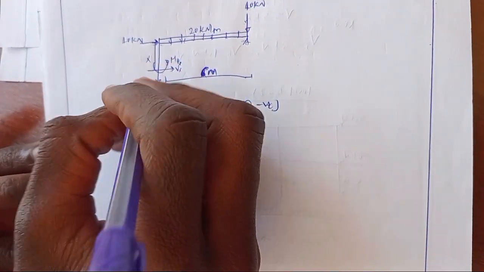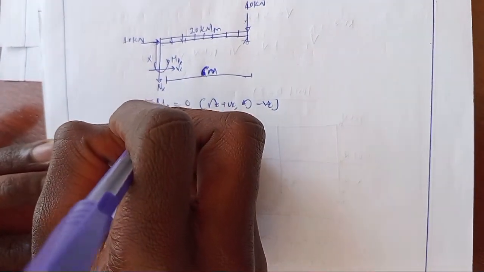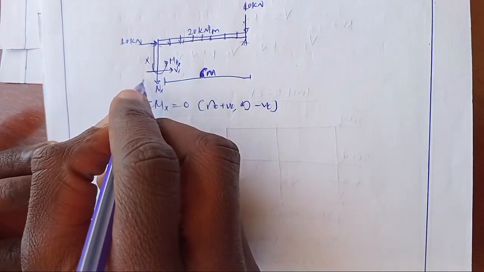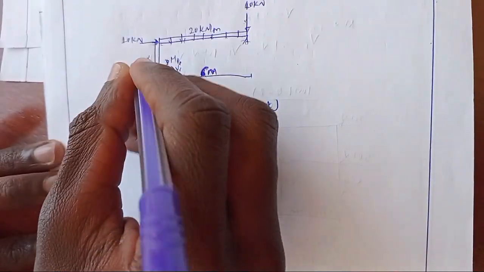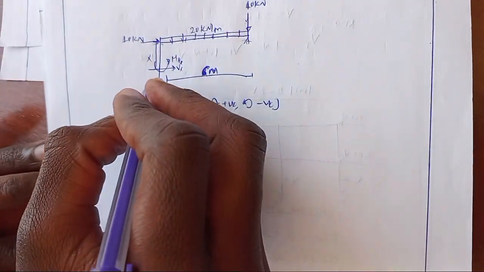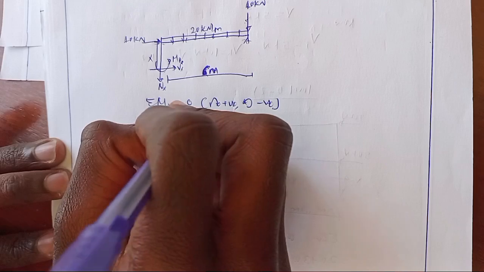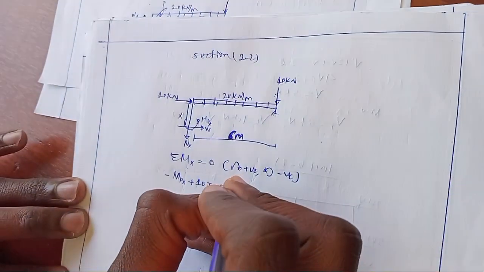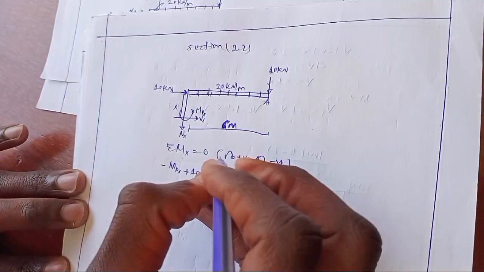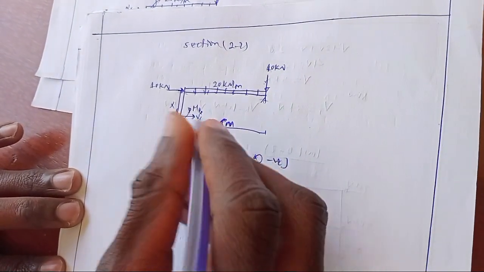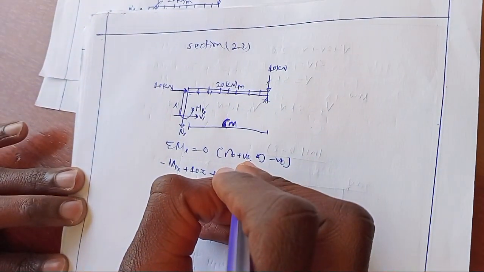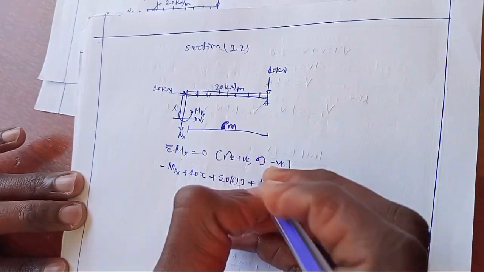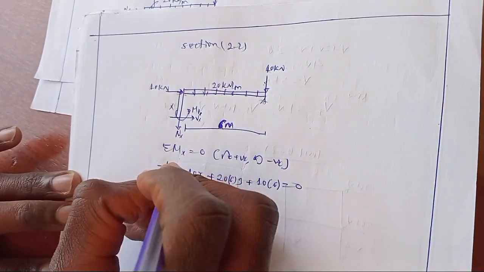Here we have negative Mx since it is in an anticlockwise direction, plus this one moves in clockwise direction, 10 times x, plus 20 times 6 times 3, plus 10 times its perpendicular distance, 6 meters, is equal to 0.